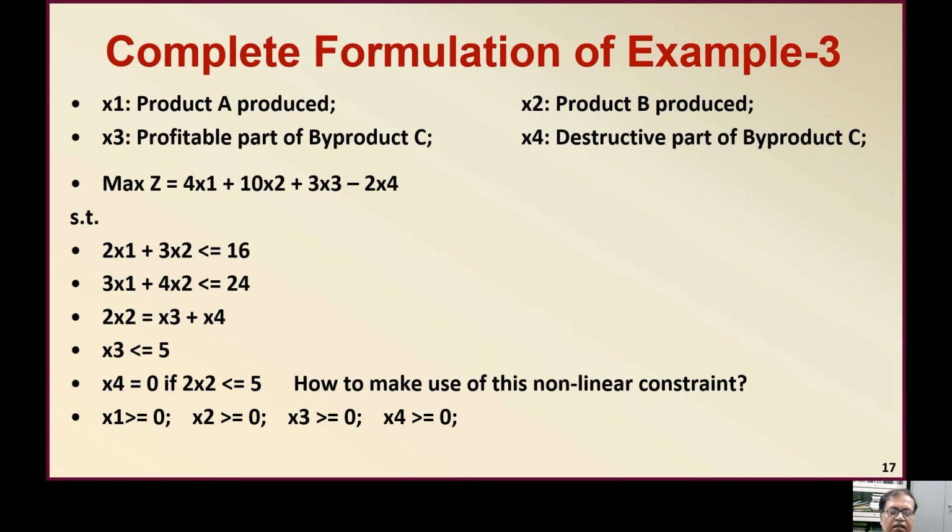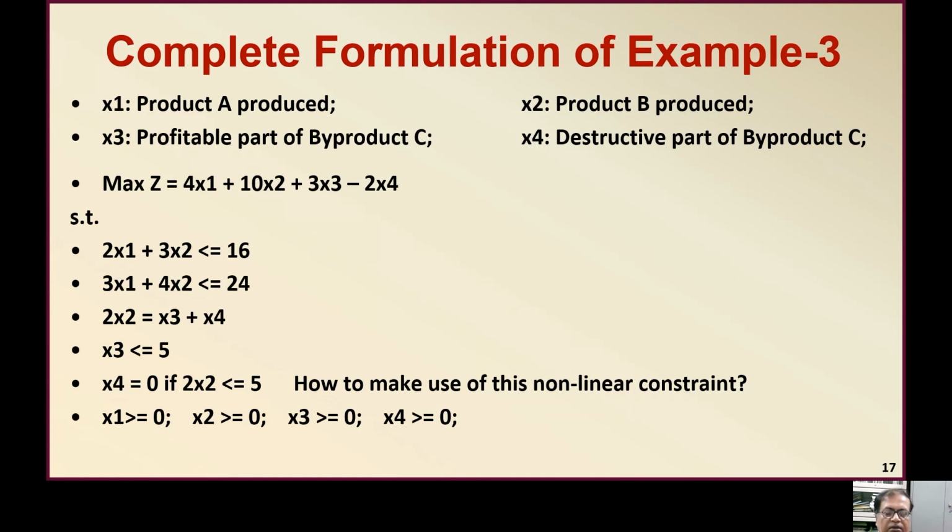The x4 profit coefficient is negative, so x4 would not come into the basis until the full benefit of x3 is realized. Therefore, unless x3 is restricted to less than equal to 5, if x2 is just 2, x4 can be as high as 4. So always that is going to happen. So x4 equal to 0 when 2x2 less than equal to 5 would be ensured by the maximization function.